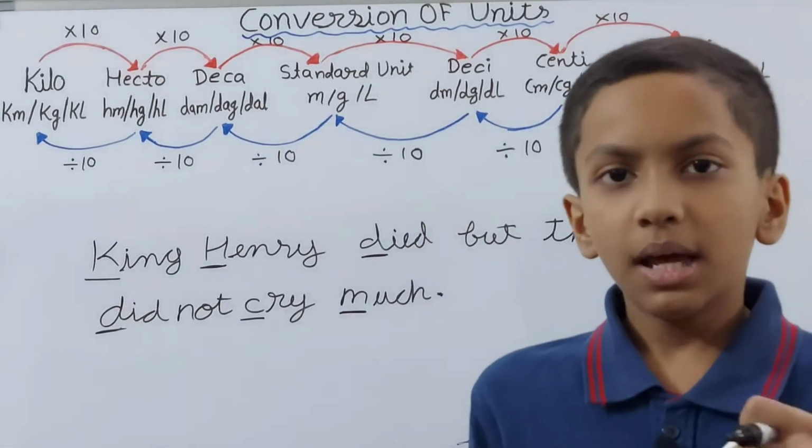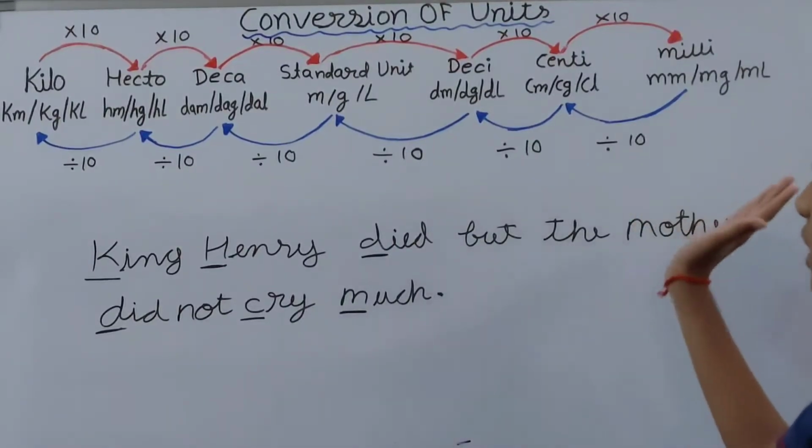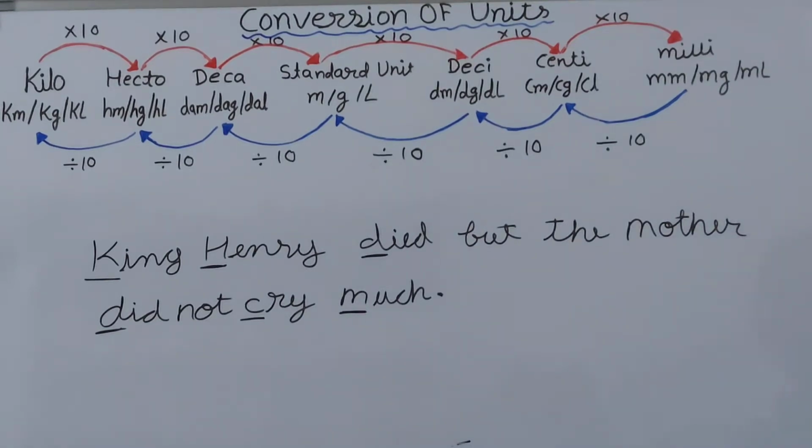And whenever we are converting a smaller unit to a greater unit, we divide. For example, if we have to convert centi to the standard unit, here we have to divide.